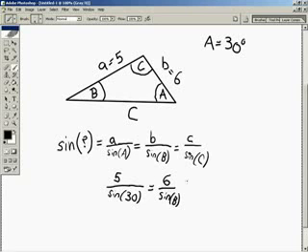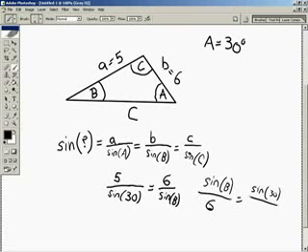What you do is you say, well, sine B divided by 6, you're flipping both fractions, is equal to sine 30 divided by 5. Then you multiply both sides by 6. You have a 6 there, a 6 here now. Those cancel.